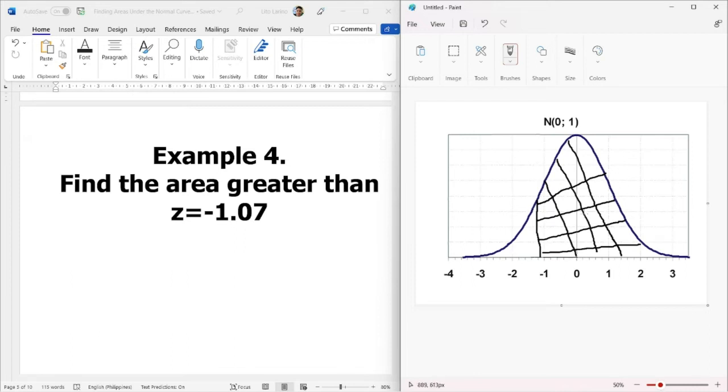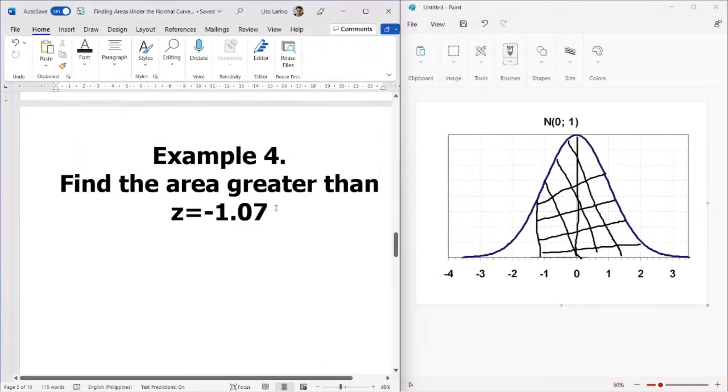Now, if this is the case, as you know, and obviously, this area is equal to 0.5, and we simply add the area when the z-score is 1.07. Let's denote that.